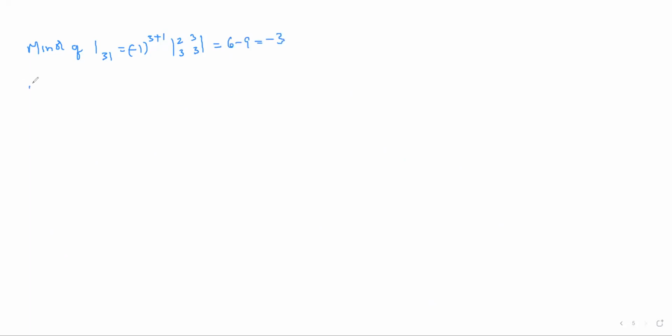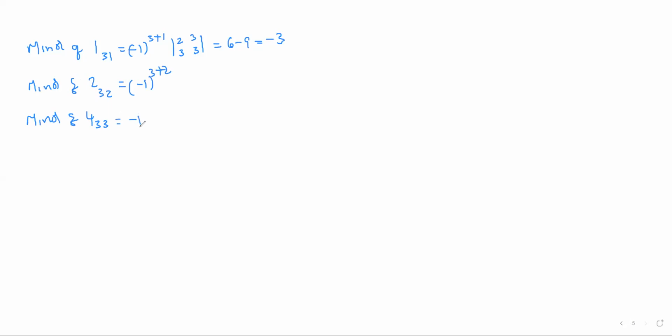Next minor of 2, third row second column. Next last element minor of 4, third row third column. So minus 1 whole to the power of 3 plus 2.